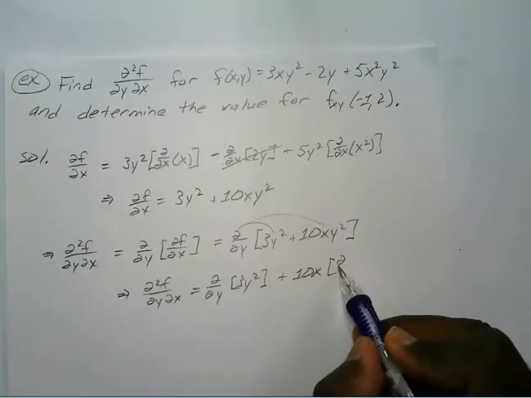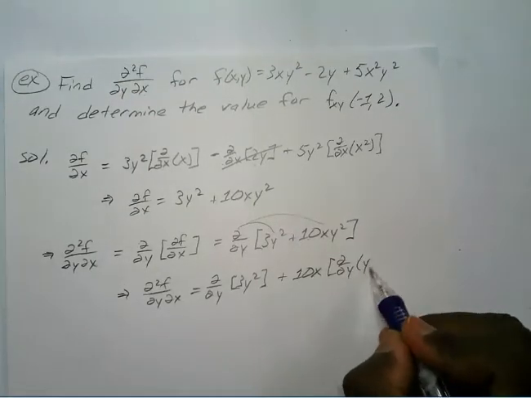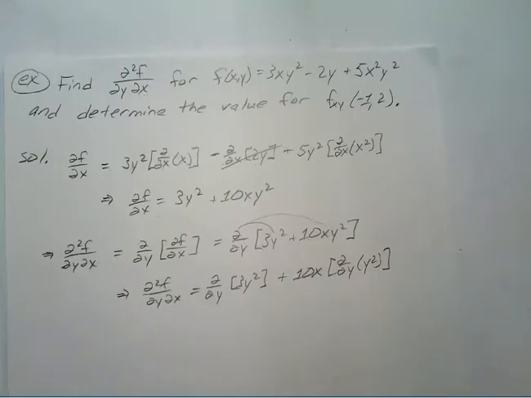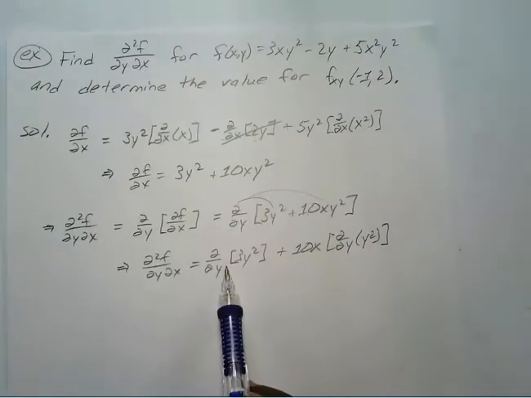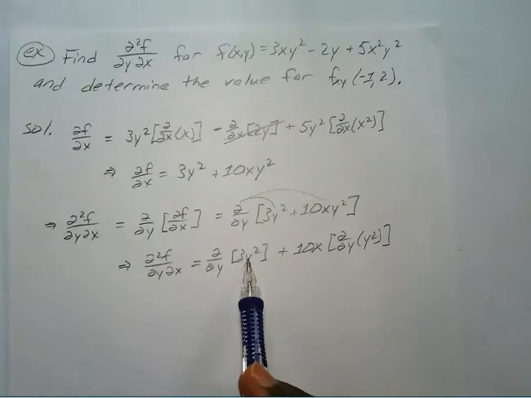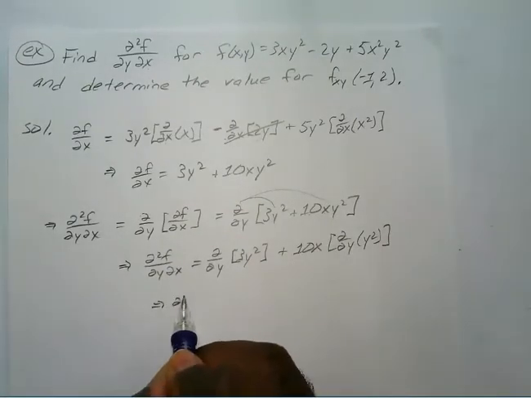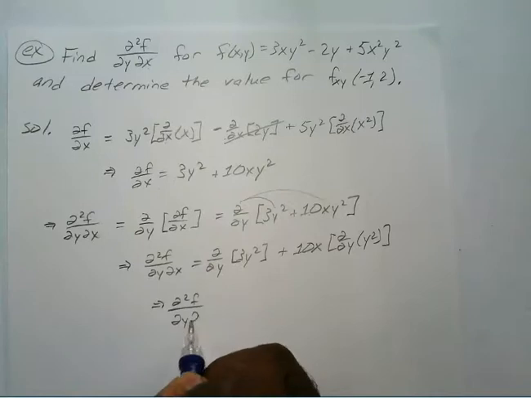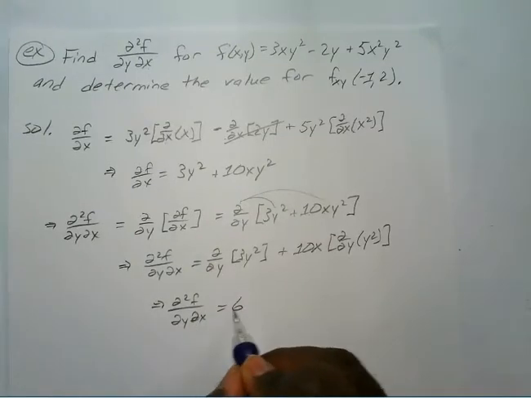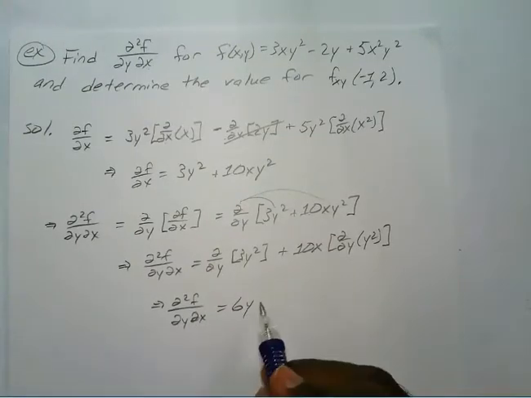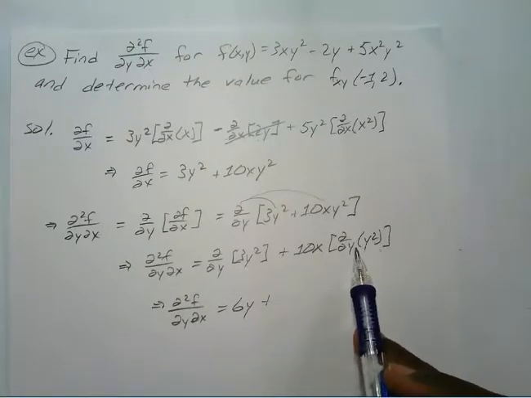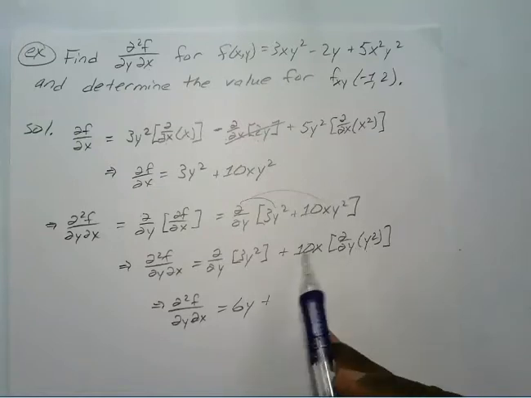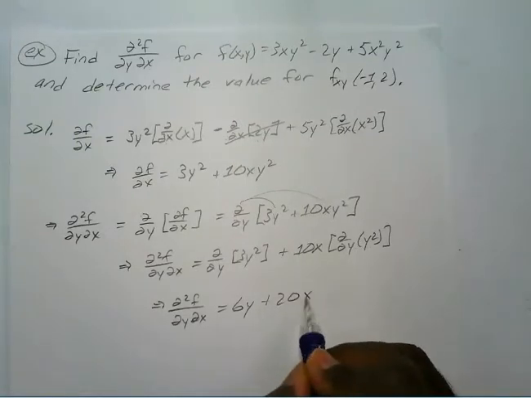So we're left with the partial with respect to y of y squared. Now the derivative with respect to y of 3y squared is 6y. Plus, the partial of y squared with respect to y is 2y, so you have 2 times 10, which is 20. Then you have your x and you have your y.